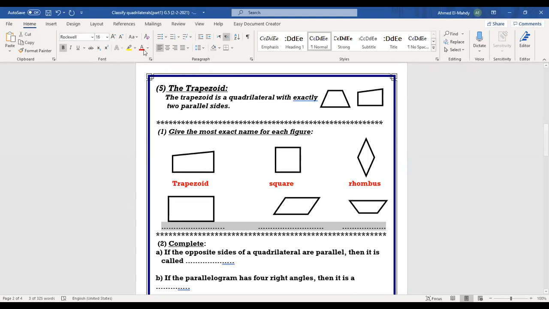Omar, what is the name of this figure? Rectangle. Okay. The next one, Adi. What is the name of this figure?